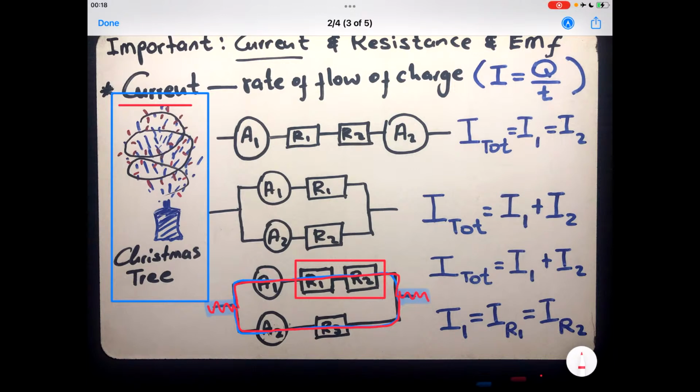So the total current in this case is the current passing through ammeter 1 plus the current passing through ammeter 2. This is ammeter 1, this is ammeter 2.